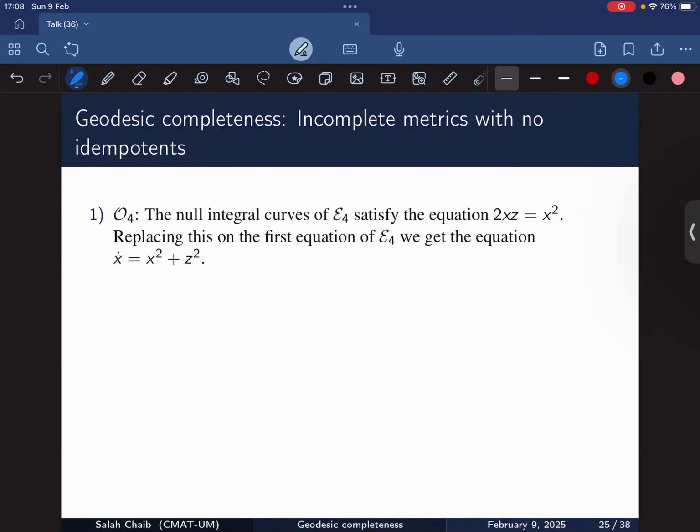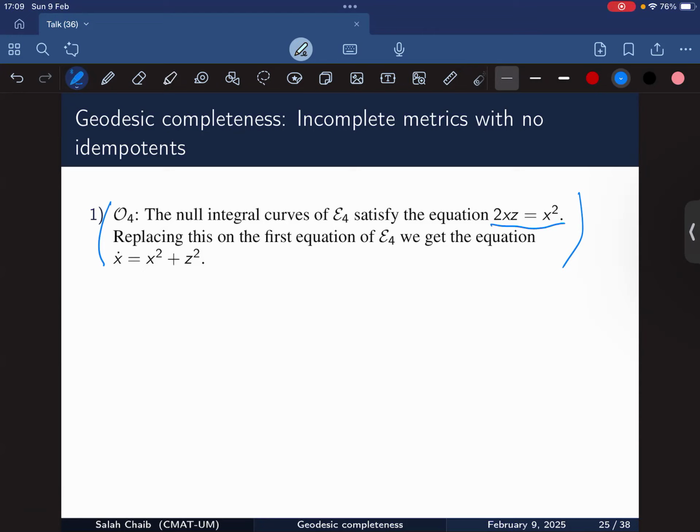They all provide counterexamples to Bromberg and Medina in the non-unimodular case. So for example, for O4, we notice that if we replace the equation of the zero level of the energy, this means that we are looking for integral null curves.